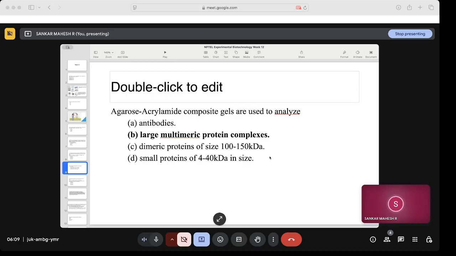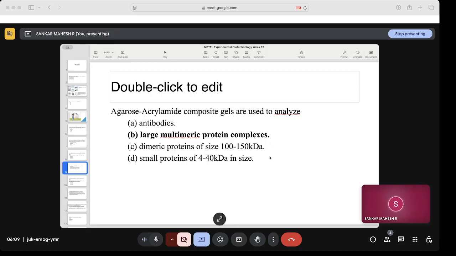And so typically, because of this molecular weight thing, we use single stranded RNA with polyacrylamide gels, double stranded DNA with agarose, and proteins with SDS-PAGE.